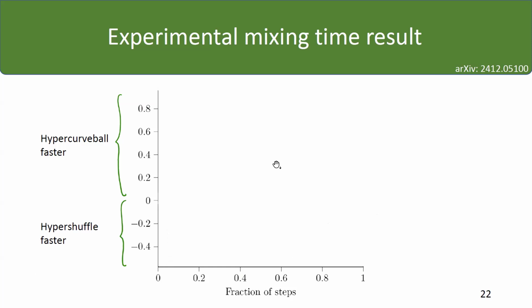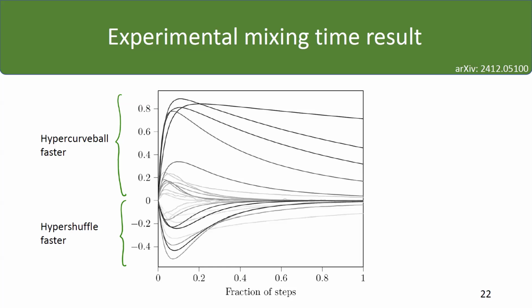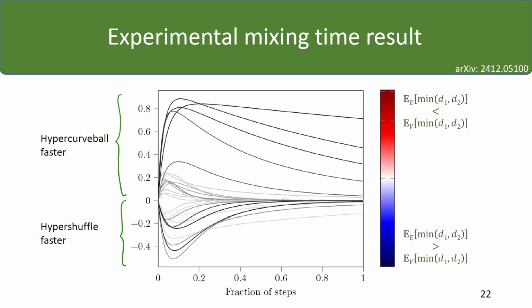So, every line is a different data set. So we have 25 data sets here, I believe. And roughly half of them have one algorithm which is faster, and for the other half, the other algorithm is faster. And now to check our hypothesis, we color the lines.